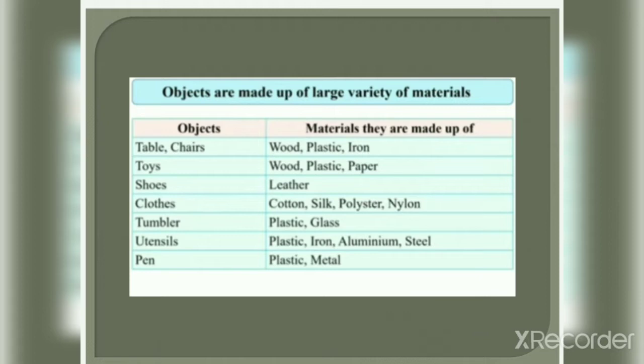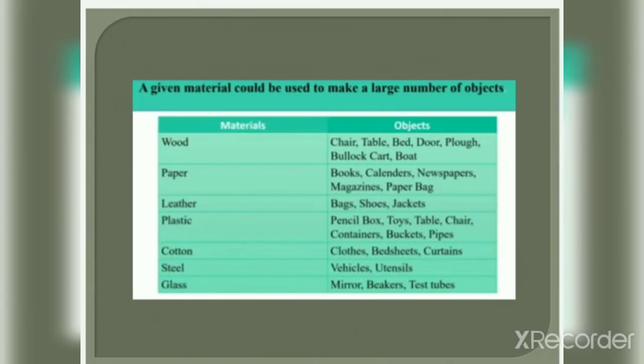The other thing to understand is that a given material could be used to make a large variety of objects. For example, wood could be used to make chair, table, bed, door, boat, bullock cart, etc. Similarly, paper could be used to make books, calendars, magazines, paper bag, etc. Steel could be used to make utensils and vehicles.